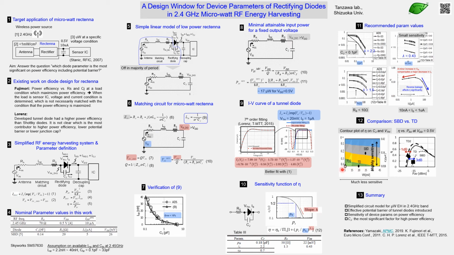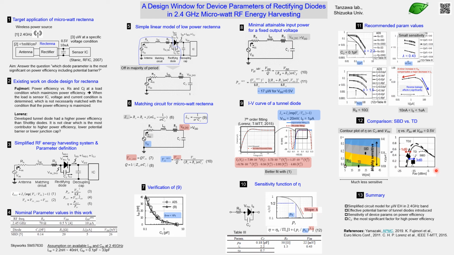Therefore, even if your diode had a much lower potential barrier than the tunnel diode that the Lorentz group developed, this is not so significant to improve power efficiency.